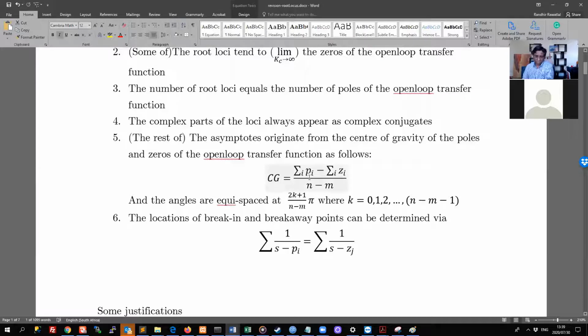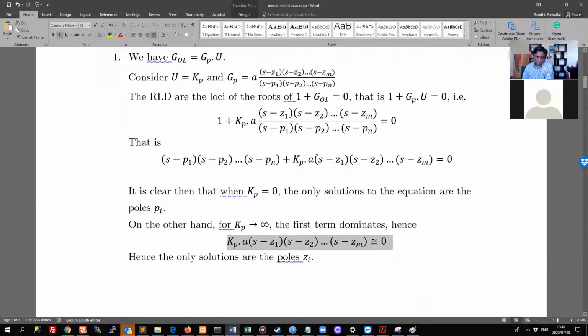So our center of gravity is given by the sum of the poles minus the sum of the zeros divided by n minus m. When we say the sum of the poles, the pole is an actual number, right? The pole is not some concept or some method. In this expression, it is some number, and generally it can be a complex number.